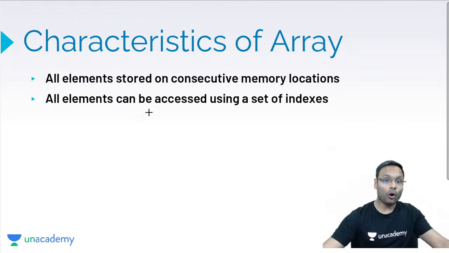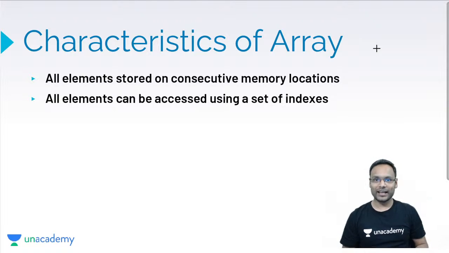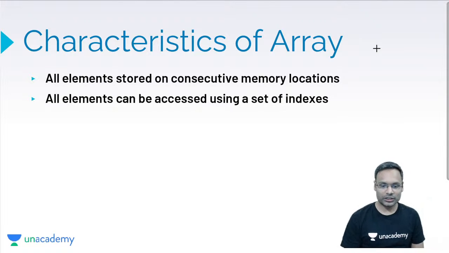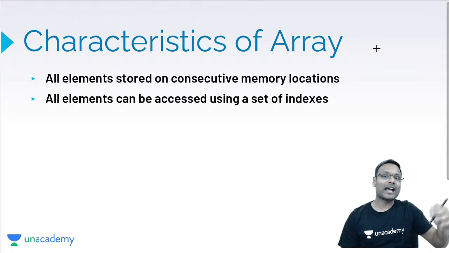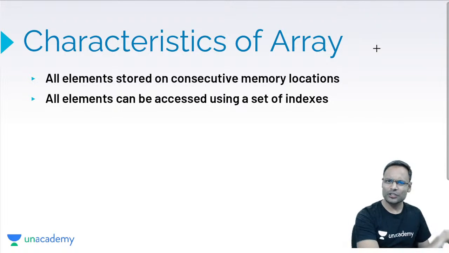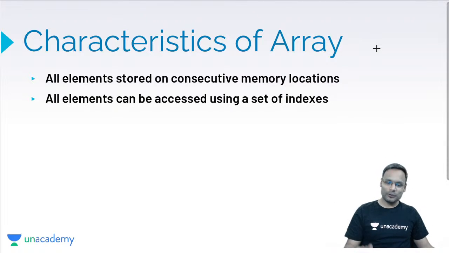Second thing, all the elements can be accessed using a set of indexes. If you have defined an array, all the elements should be stored on sequential locations. But how do you access those elements? Using indexes. Both the things you knew? Yes, great, amazing. You know quite a lot.